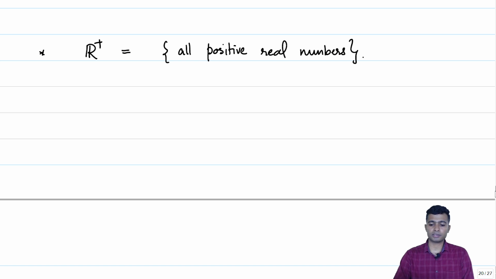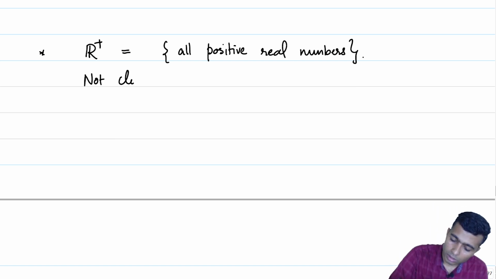So, R plus is closed under addition. Now if you do the scalar multiplication, the problem comes. Is it closed under scalar multiplication? The answer is no. If you take say 2, and look at the scalar multiple by minus 1, the scalar multiple should be minus 2, which is not in R plus. So, this is not closed under scalar multiplication.